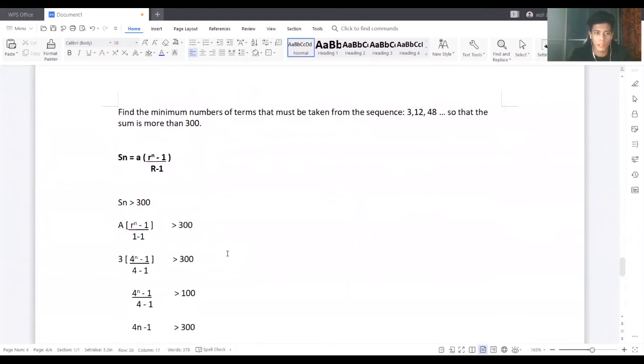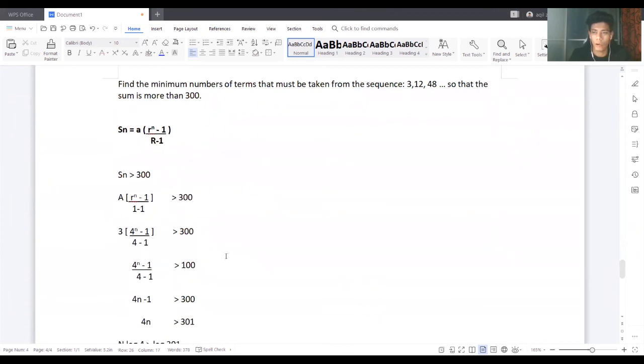Moving on to the last question for geometric sequence. The question asks to find the minimum number of terms that must be taken from the sequence 3, 12, 48, so that the sum is more than 300. This is the formula that we are going to use in this question. So the Sn is 300.